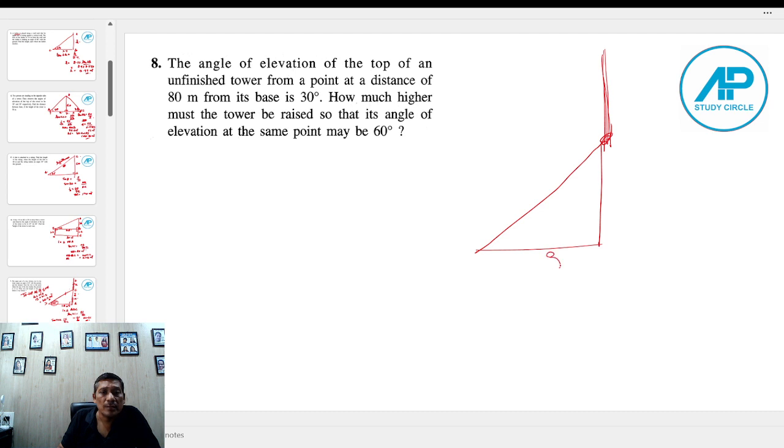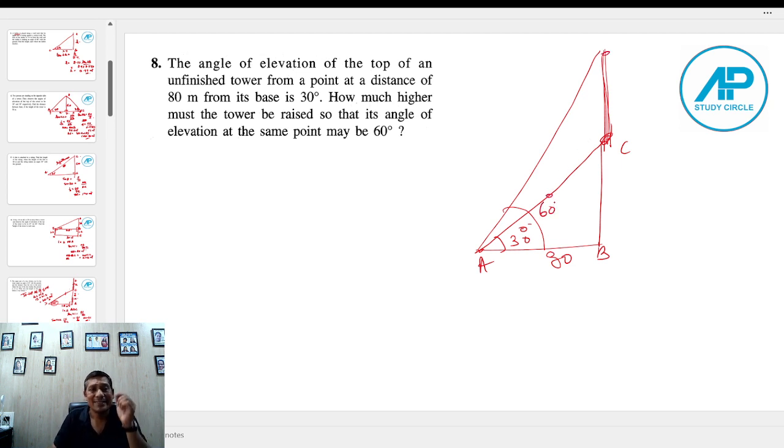जब टॉवर अनफिनिश्ड है तो हम उसके बेस से 80 मीटर की डिस्टेंस से उसके टॉप को ऑब्जर्व करते हैं तो हमको एंगल ऑफ एलिवेशन 30 डिग्री दिखाई पड़ता है। और जब मैं इसको और ऊंचा बढ़ा दूंगा तो the angle of top of the tower would be becoming 60 degree and the base is 80.